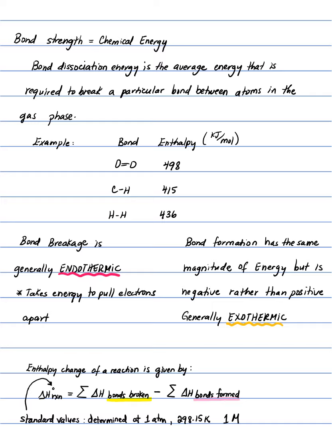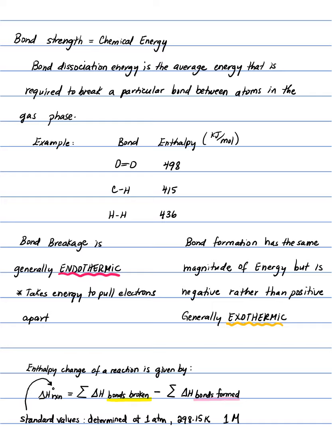So when we're thinking about breaking chemical bonds, what we're thinking about is an endothermic process. It requires energy. When you put together your electrons to form a chemical bond, that is an exothermic process. It will release energy.